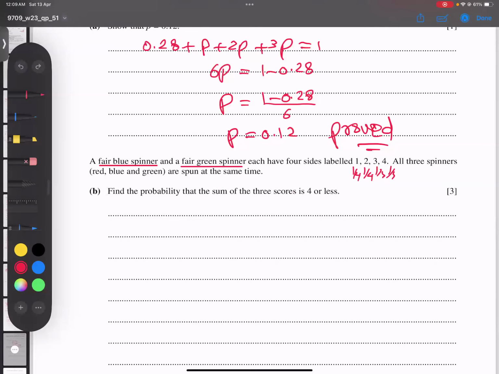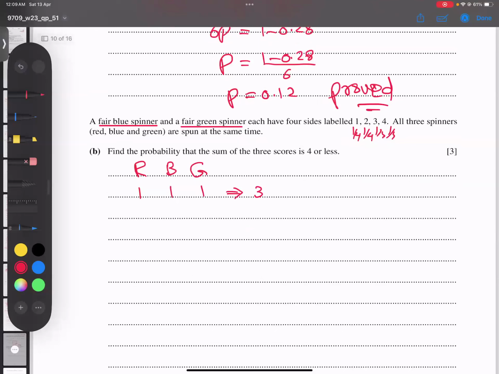So we are adding the scores. First of all, we will make it red, blue, green. So 4 or less. Let's start. I'm starting with a 1. If I say 1, 1, 1, the least number, 1, 1, 1 will give a score of 3.